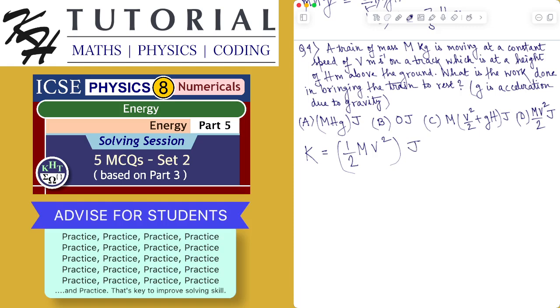Now definitely, quite obviously, some force has to be applied on this train to stop the train or to put the train at rest, and whatever work that force does will be equal to the kinetic energy of the train when it was moving at a speed of v meter per second.